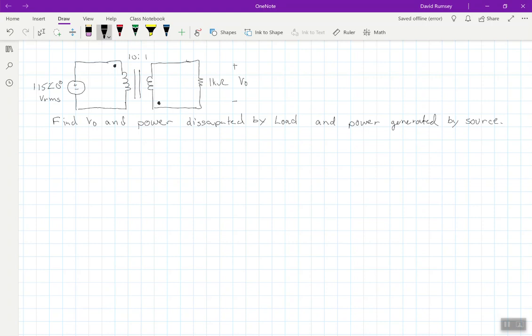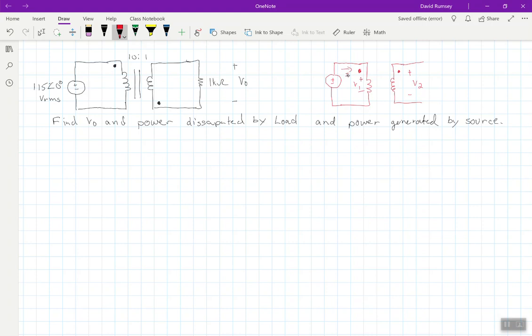Okay, so I purposely did this problem, and I'm going to do another example with these dot conventions like this. Now, if you remember in the previous lesson with ideal transformers, we had the dots and the coils both at the top. And then we had plus minus V2, plus minus V1.